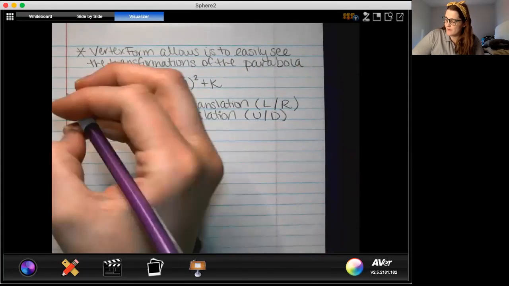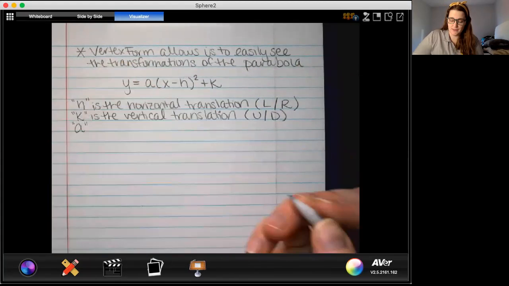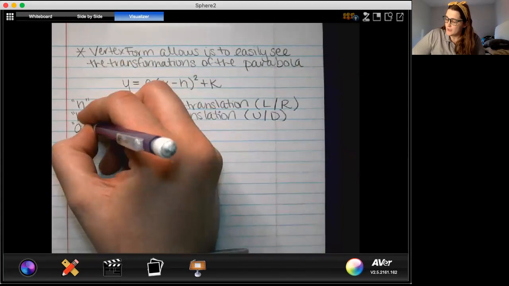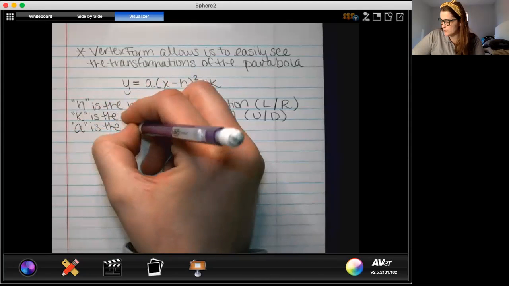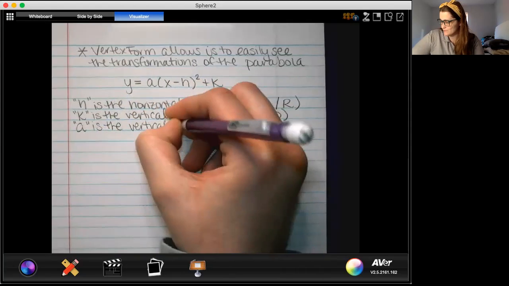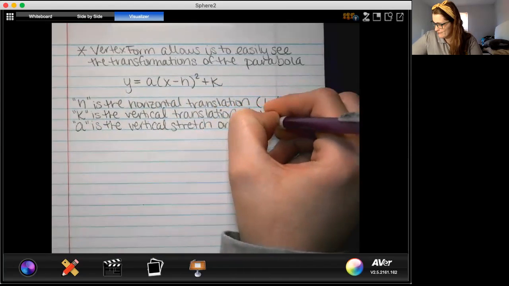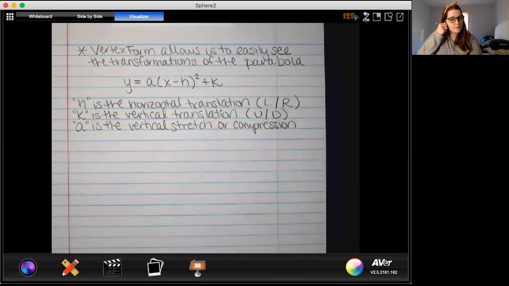Then we have a. A is the vertical stretch or compression. What do you think happens when you stretch or compress a graph, or anything for that matter?